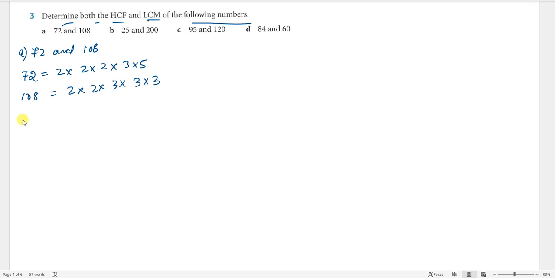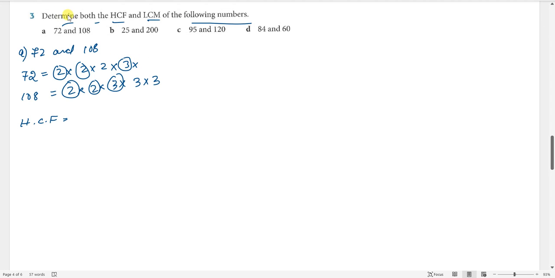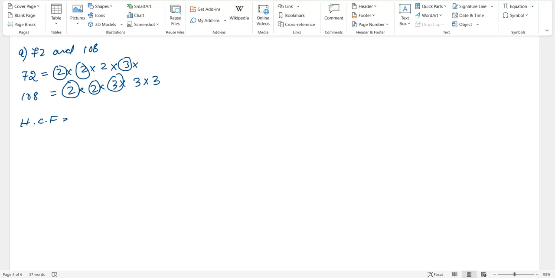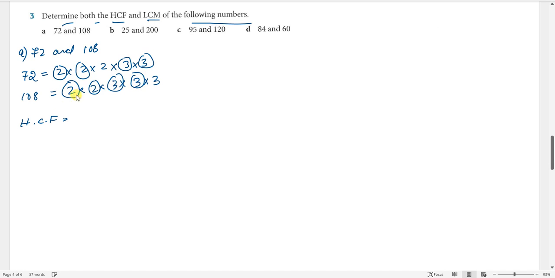So first we write the HCF, which means we just have to write the common ones. So we have 2, 2, 3, 3, and do we have another one? Why do I make this mistake all the time? Sorry, this should be 3. So we have another 3.